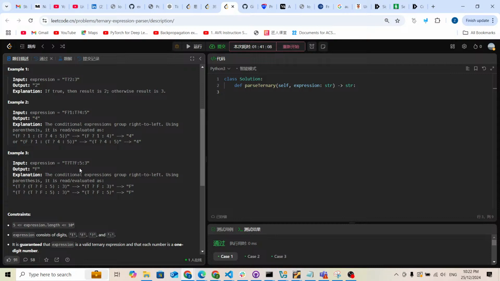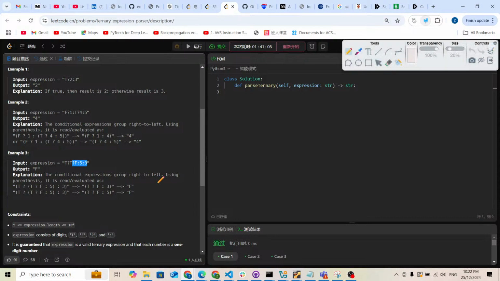For this example, we read it from right to left, and we find a question mark. So if we find this question mark, what are we going to do? We're going to look at this capital T. If it is a T, we're going to get F. So for example, from here we can read it like this.